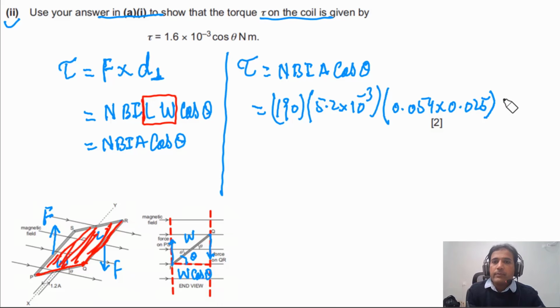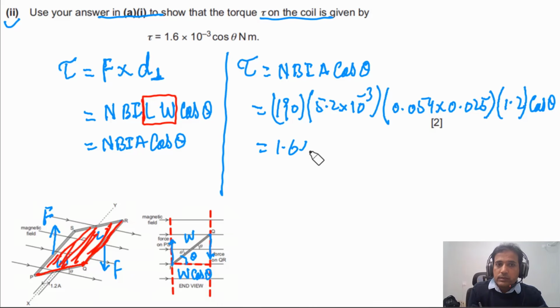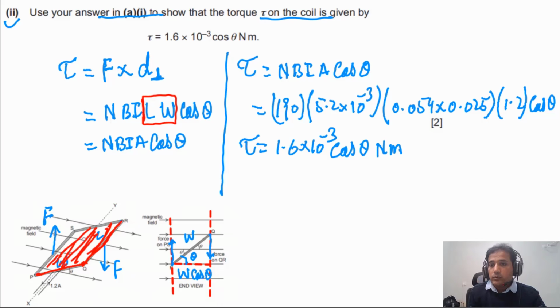This is area, and the value of current is 1.2 amps, and here we have cosine of theta. Now if we just multiply, we will get 1.6 times 10 to minus 3 cosine of theta, and the unit for torque is newton meters. So this is our final answer. This is how you need to answer.